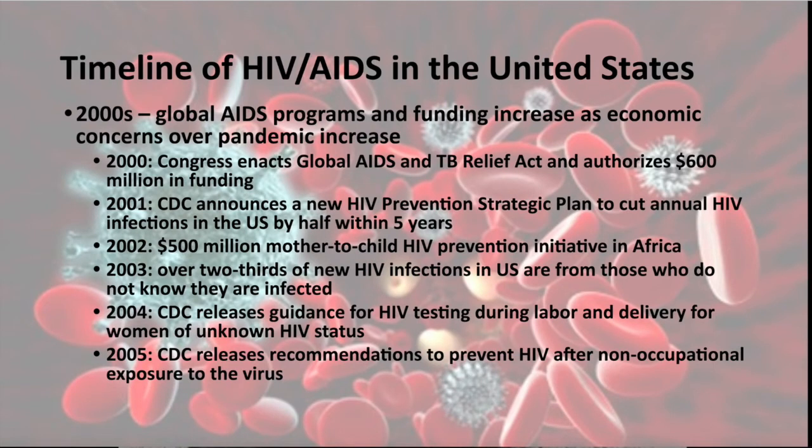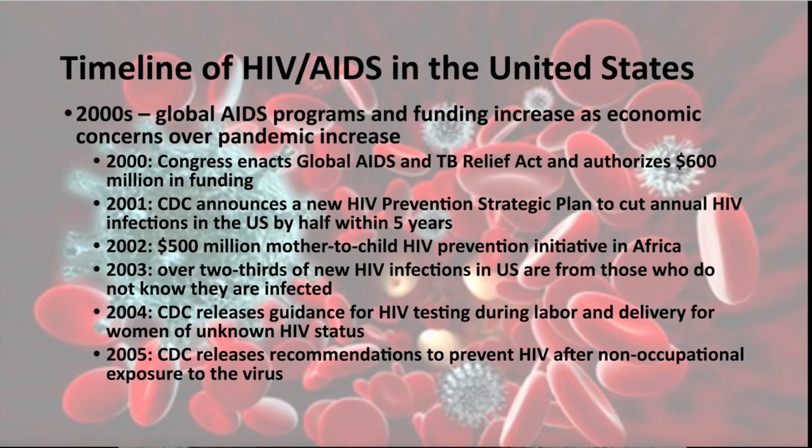In the 2000s, so getting more into your guys' lifetime, there are global AIDS programs and funding to address economic concerns over the increase in the HIV pandemic. In 2000, the United States Congress enacts the Global AIDS and TB Relief Act and authorizes $600 million in funding.